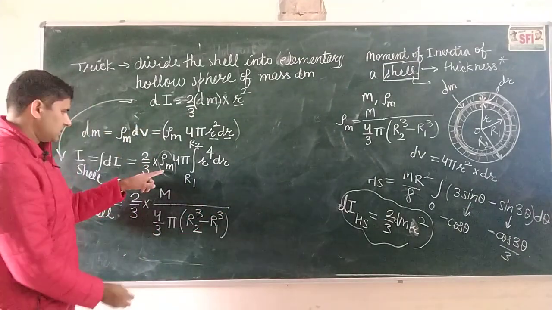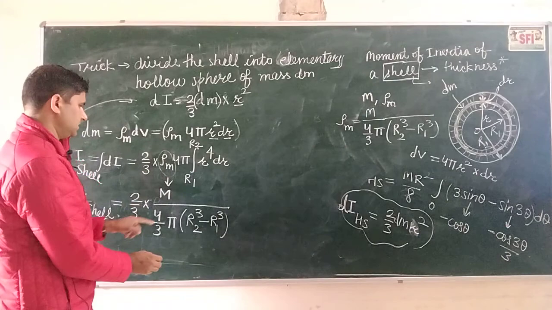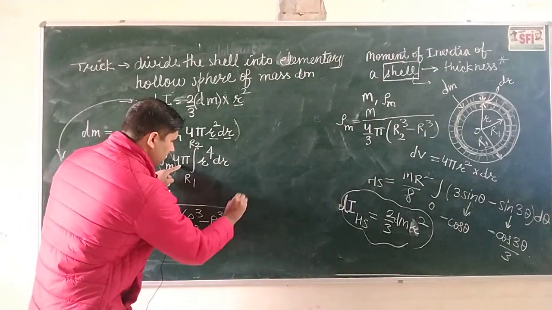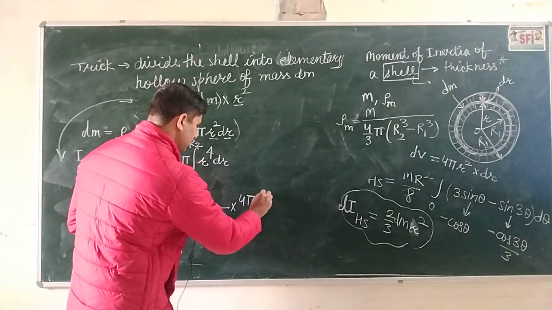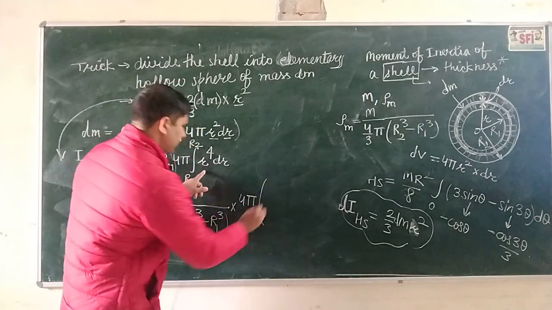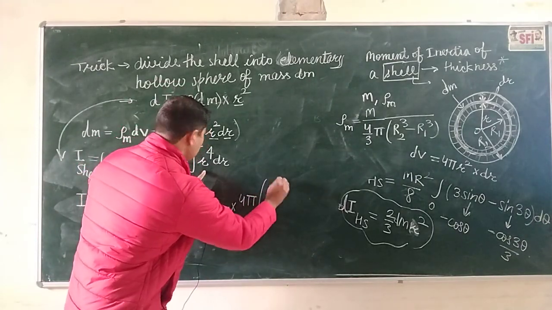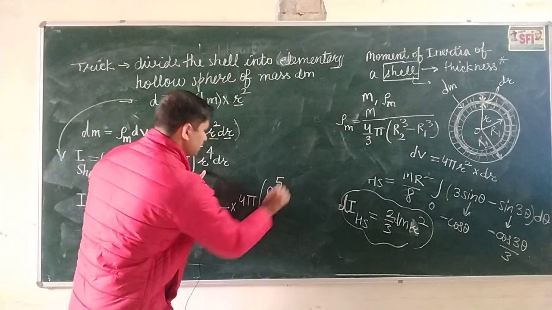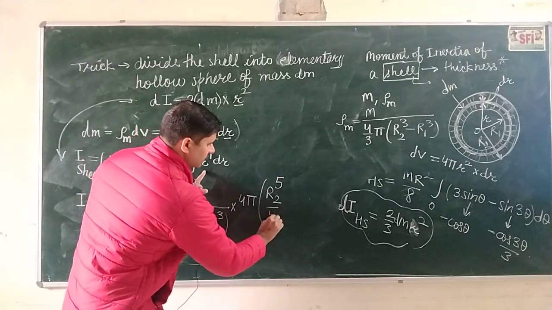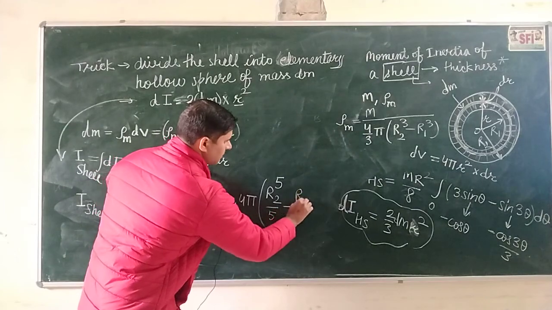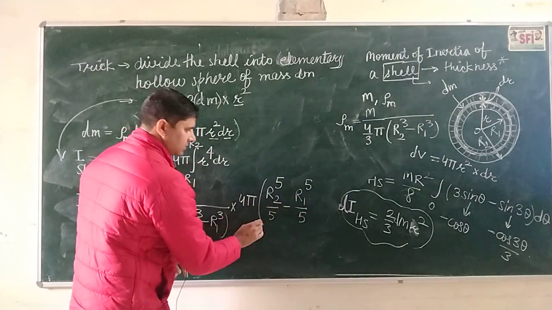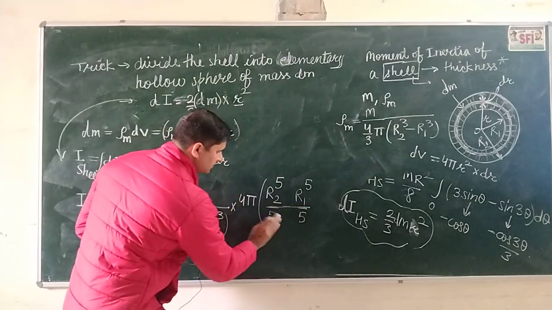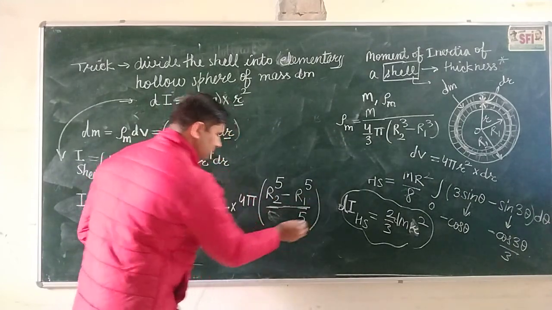Then you have 4 pi, and from here you will get r2 raised to power 5 by 5 minus r1 raised to power 5 by 5. You can take 5 out.